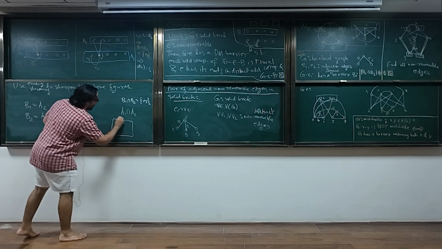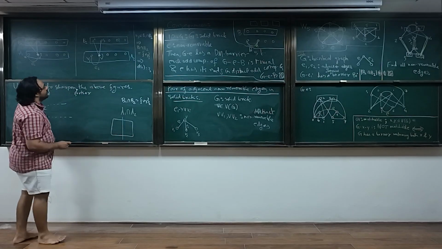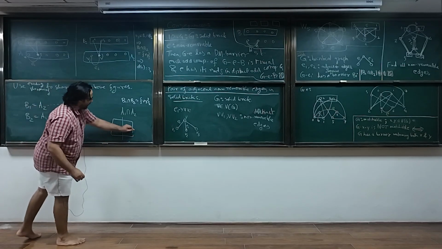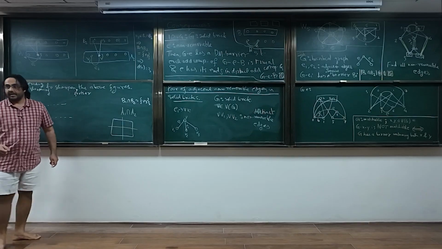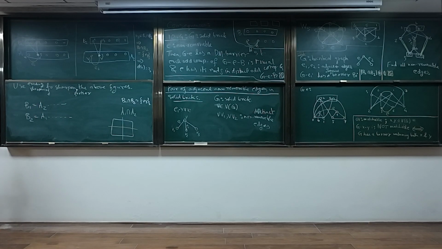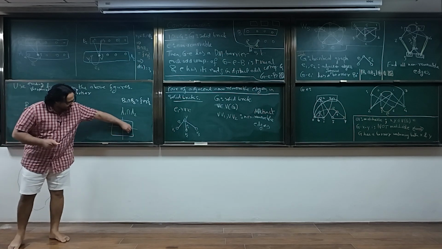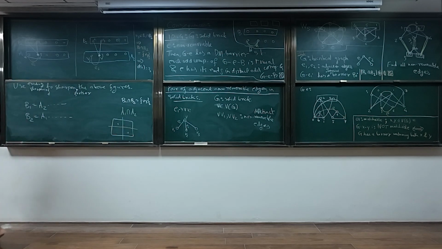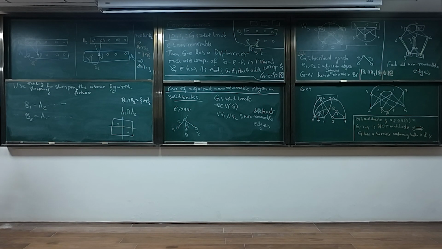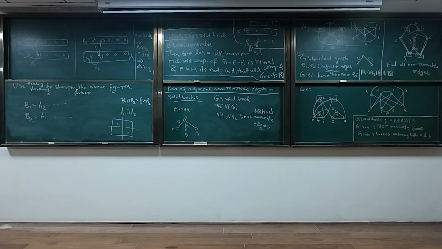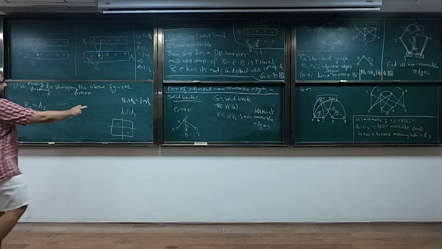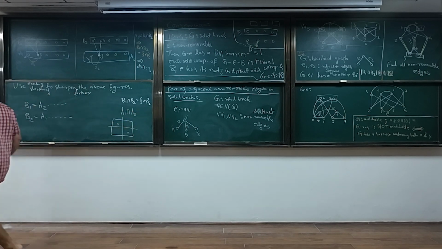If I break this into two n by 2 parts, two halves, and I break that into two halves, and if this part has only one vertex, then it follows that this part also has only one vertex. That was a counting argument Amit used for something we were doing last week. I was doing something more complicated using matchings and all. So that's a fact. Therefore if the intersection of these two is just one vertex, then the intersection of these two is also one vertex.